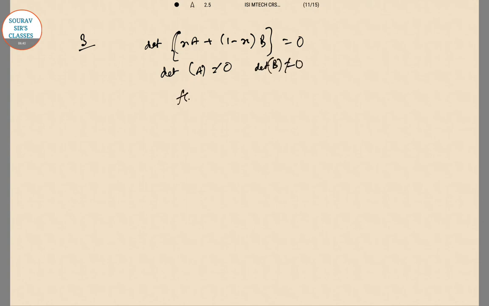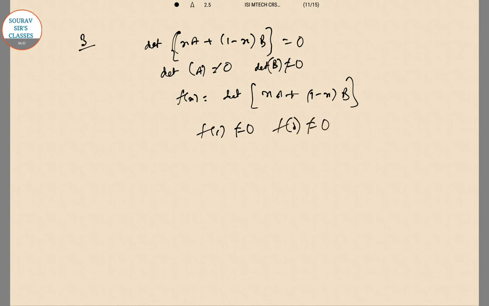You can observe that f(x) equals determinant of xA plus (1 minus x)B. So here f(1) is not equal to 0 and f(0) is also not equal to 0. So the polynomial is not identically 0.